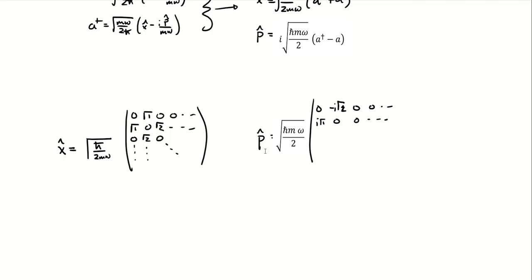Geez, getting sloppy and rushing here. Sorry about that. Let me erase this. This is negative i root 2. I'll write that neater. It's negative i root 1 there, and then i root 2.